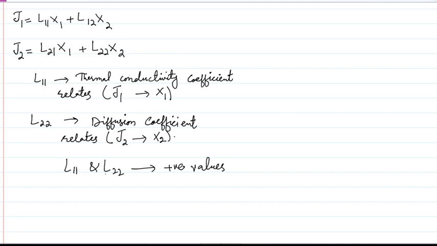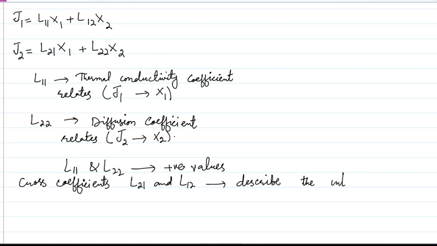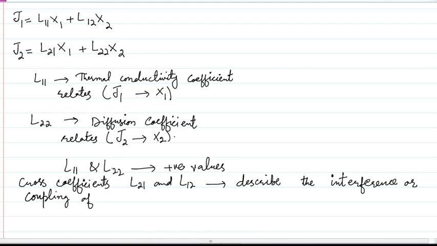Now the cross coefficients, which were represented by L21 and L12, basically describe the interference, or coupling, of the two irreversible processes which we are discussing.